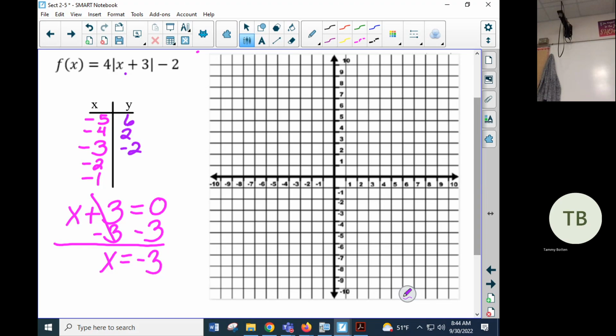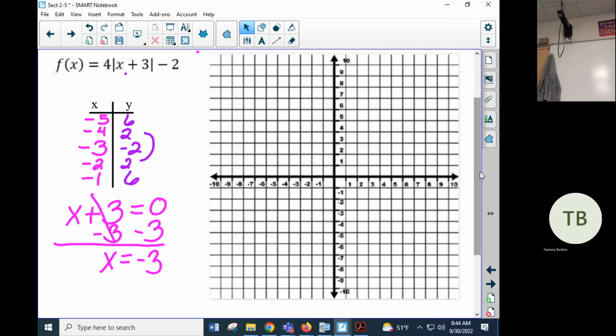If I put -2 in there, -2 plus 3 is 1. 1 times 4 is 4. 4 minus 2 is 2. And these are the same. If I put -1 in there, -1 plus 3 is 2. Absolute value of 2 is 2. 2 times 4 is 8. 8 minus 2 is 6.